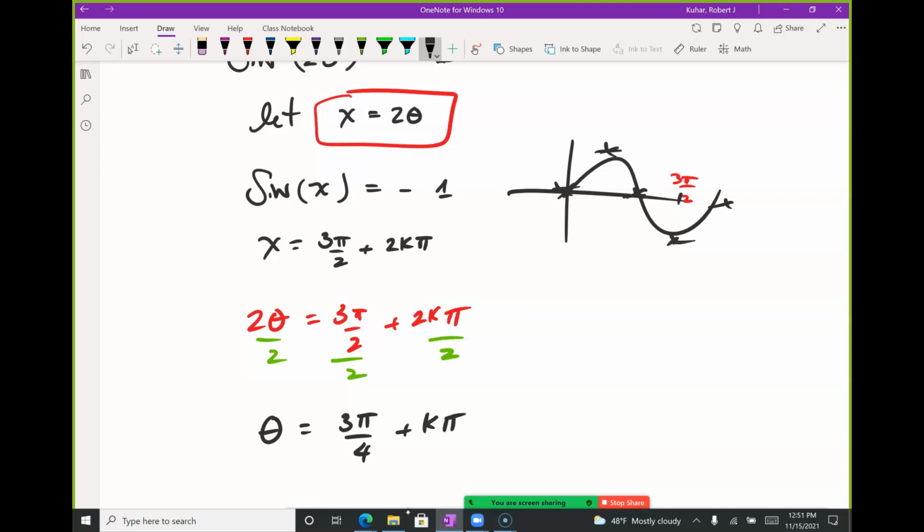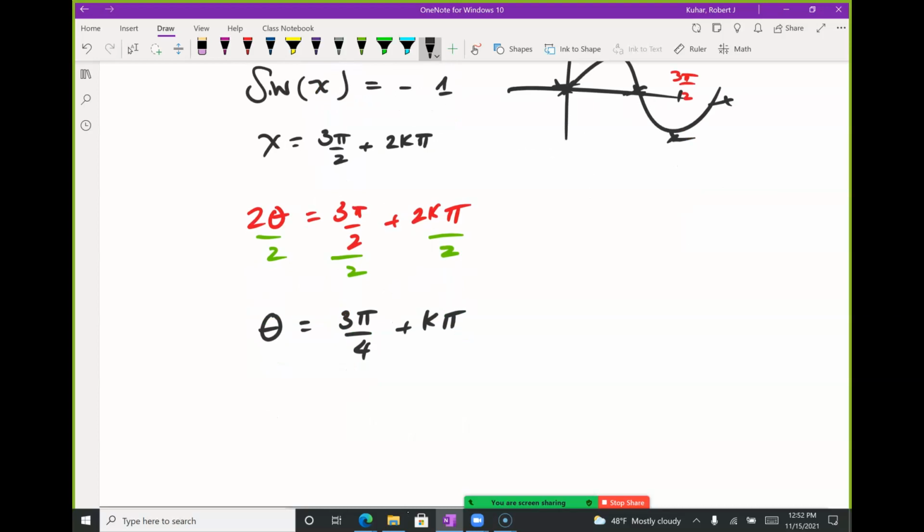Now it looks like I could factor it, but it doesn't do that much for me to factor out this pi here. So I think I would leave it alone. Maybe I would factor out a pi over 4. That might be more interesting.